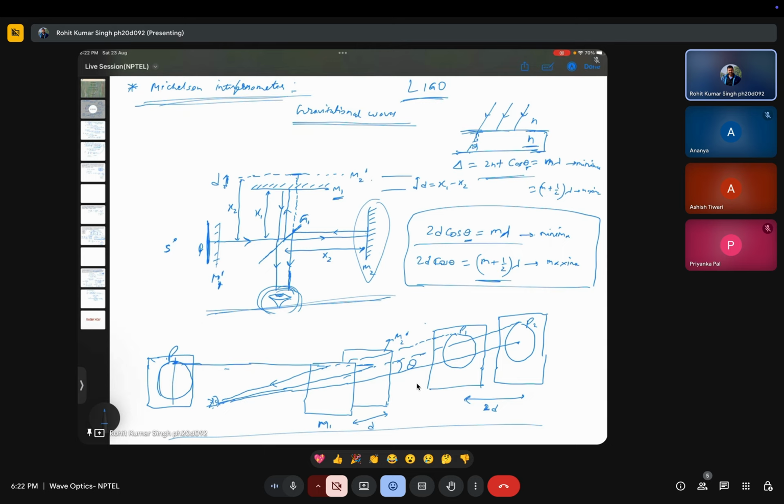So if you remember the thin film case, this angle is the refracted or transmitted, but what happens is that after this light comes here, it gets reflected, and we are looking at the interference of these two, right? So we are looking from above, not from below.